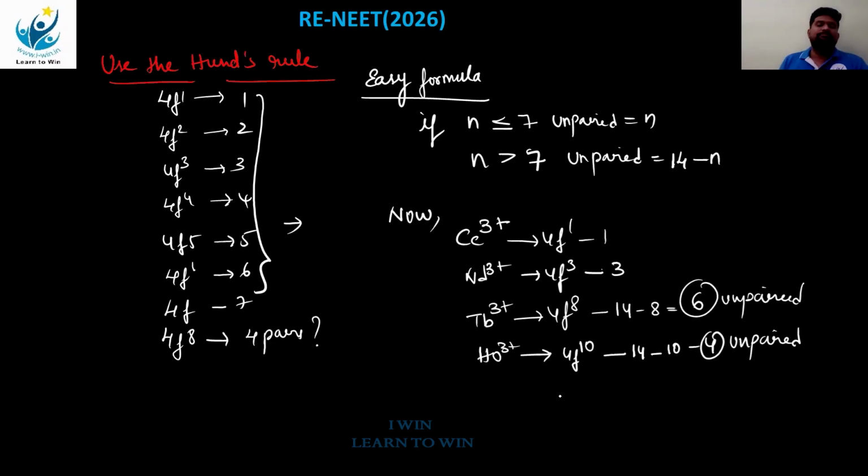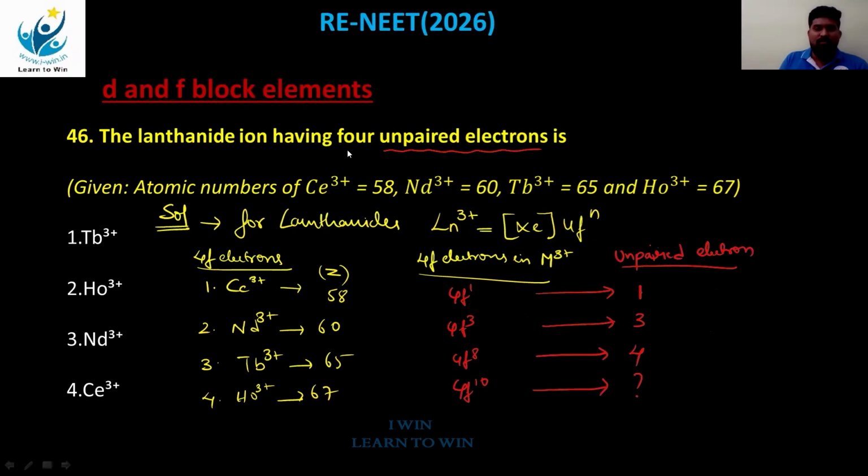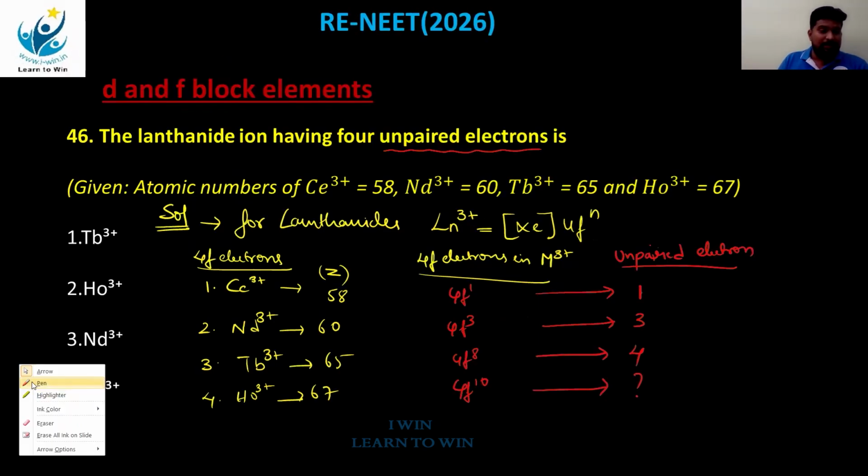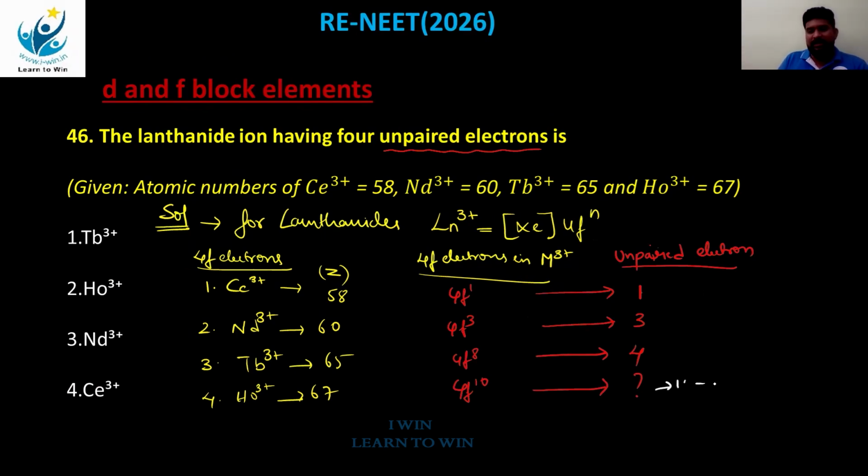The question is asking to find out the 4 unpaired electrons. 4 unpaired electrons are with whom, my dear students? It is Ho3+. So option number 2 will be the correct answer.